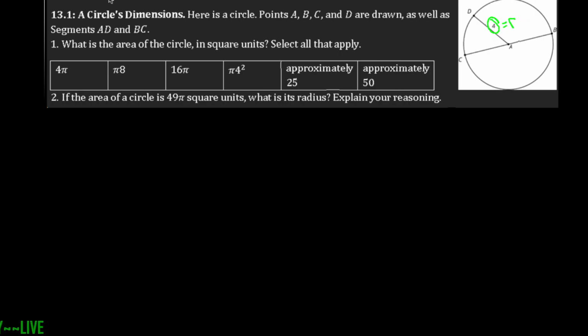This is helpful because if we look at the area formula for the circle, it's going to be area equals pi times the radius squared.